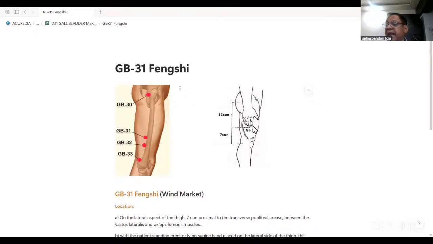Alice, stand and show the location of GB31. When you place your hand parallel to your thighs, where your middle finger touches, that is the location of GB31.